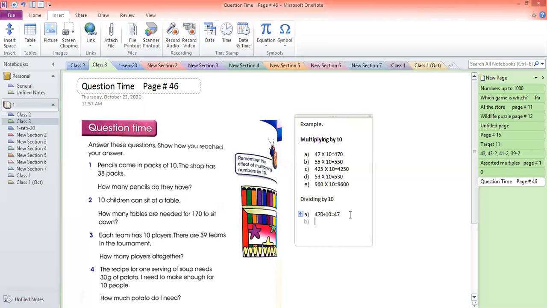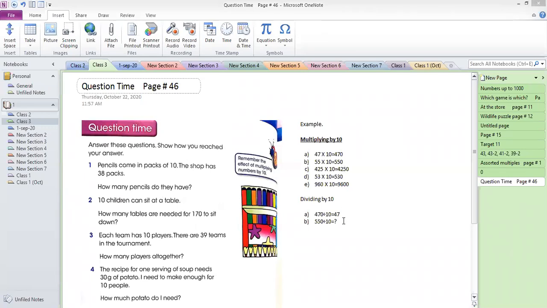The next question is, let's suppose it is 550 and this is divided by 10. That will become what? 550 divided by 10 equals to, guys? 55.